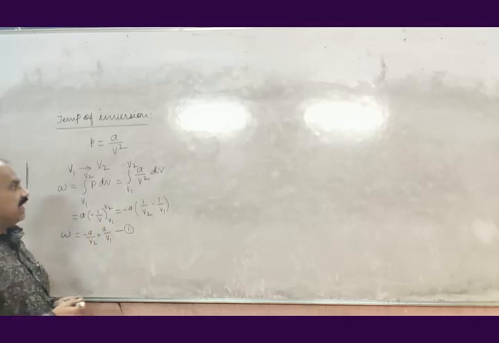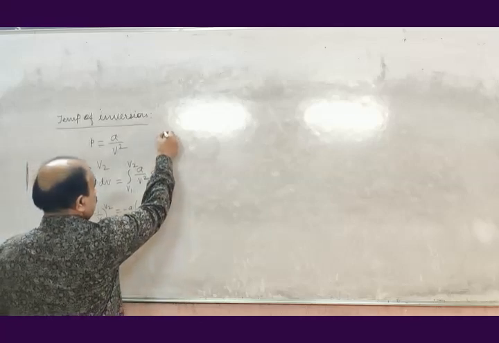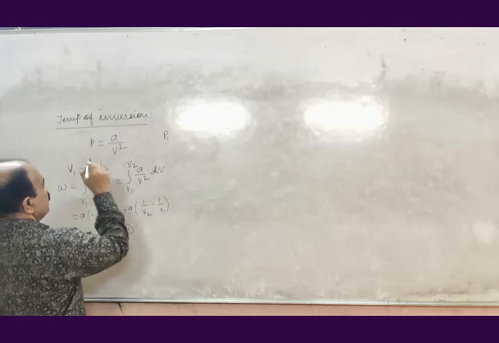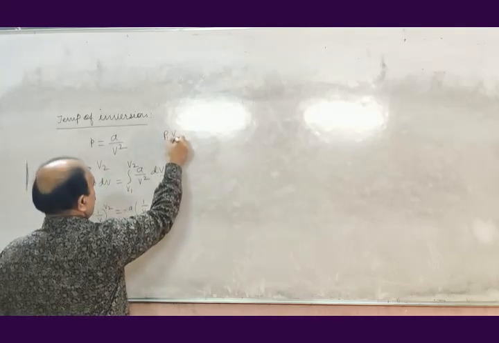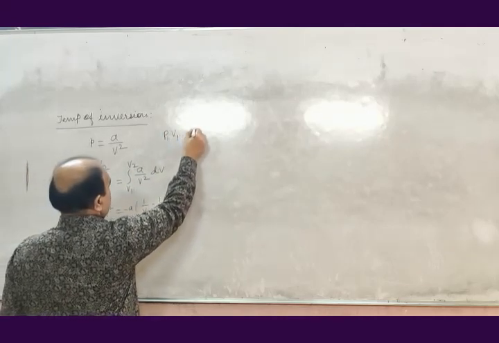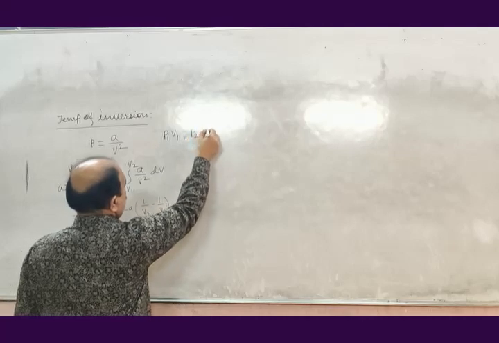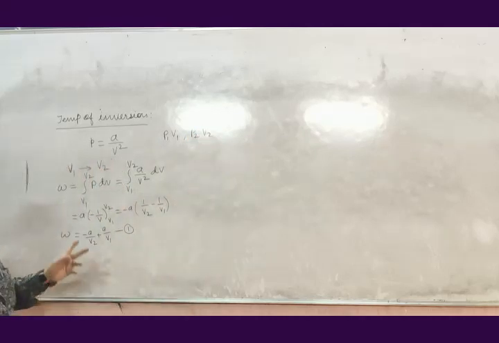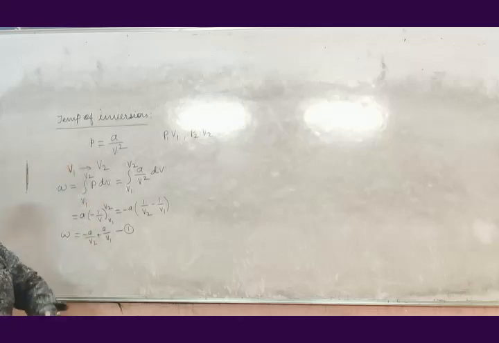Now, let us suppose that P1 is the pressure when volume is V1 and P2 is the pressure when volume is V2.